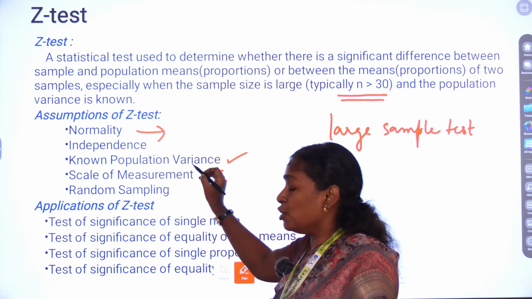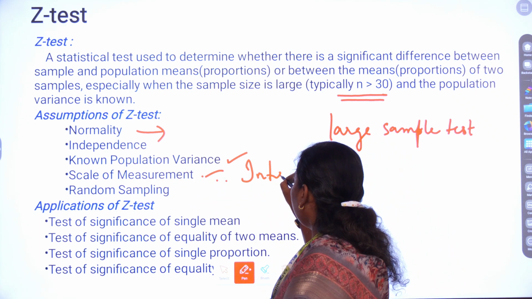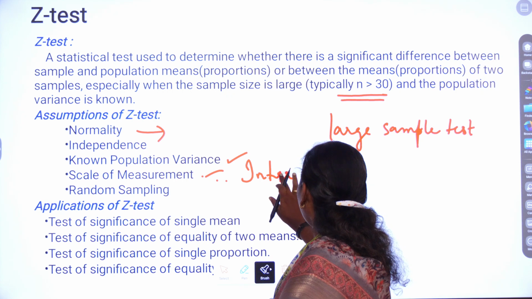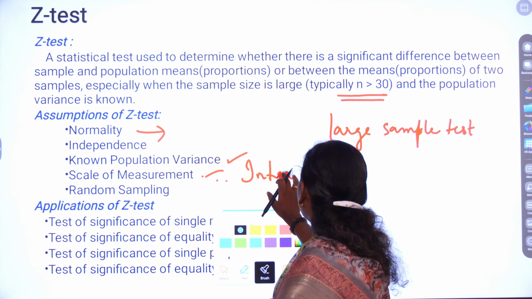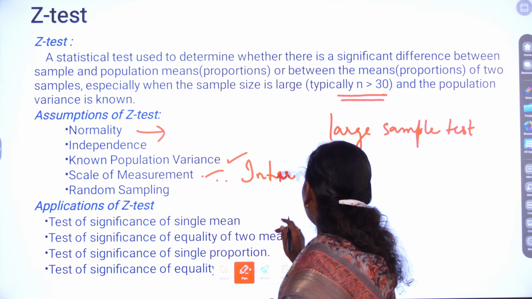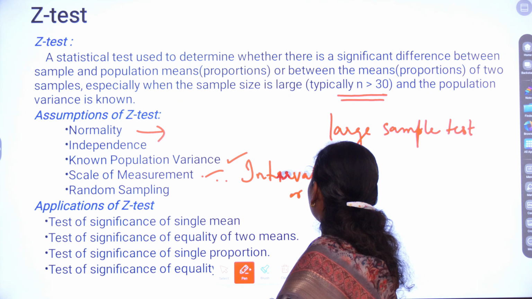So to apply Z test, we should go for either interval or ratio.